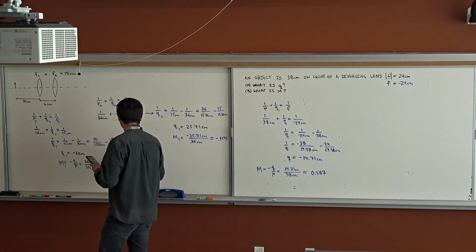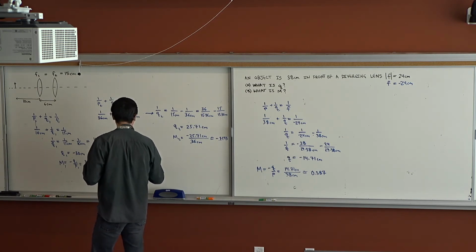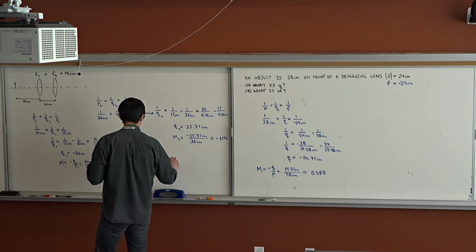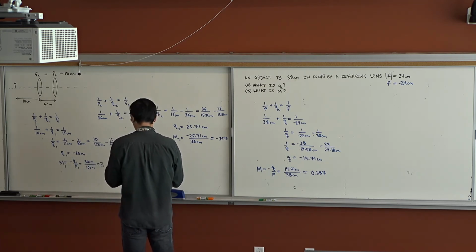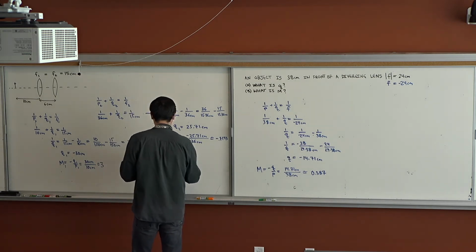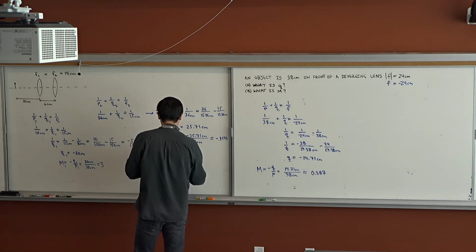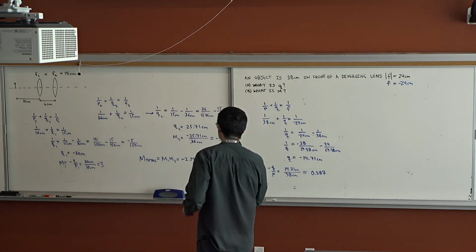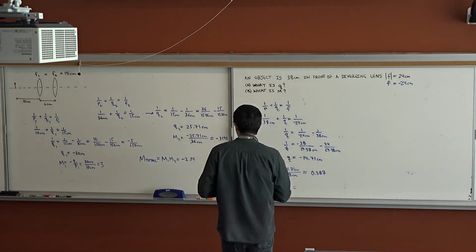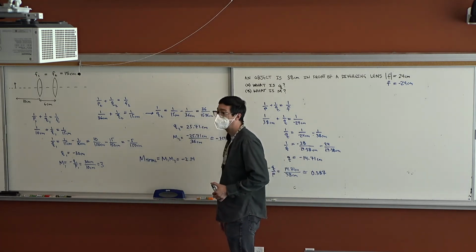And so then M total just winds up being M1 times M2, looks like minus 2.14. So size a little more than twice as great, but inverted. It's okay?